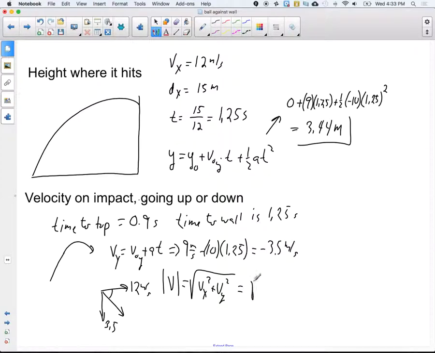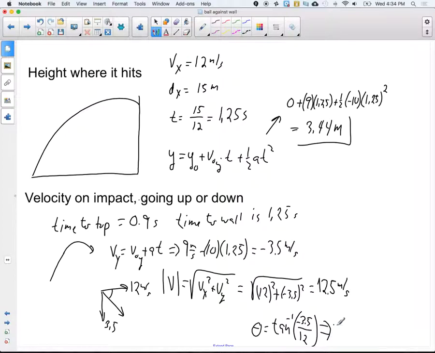If I plug numbers in, that's going to look like 12 squared plus minus 3.5 quantity squared, and that gives me 12.5 meters per second. Then the angle is just going to be the arctangent of the y value, 3.5, over the x value, 12. Remember, that's minus 3.5. And if I do that out, I come up with an angle of minus 15.6 degrees.